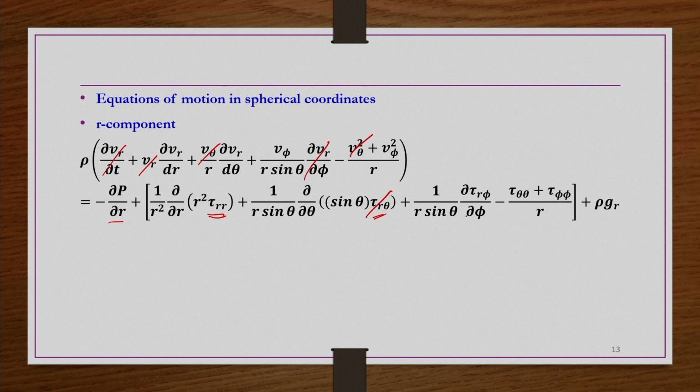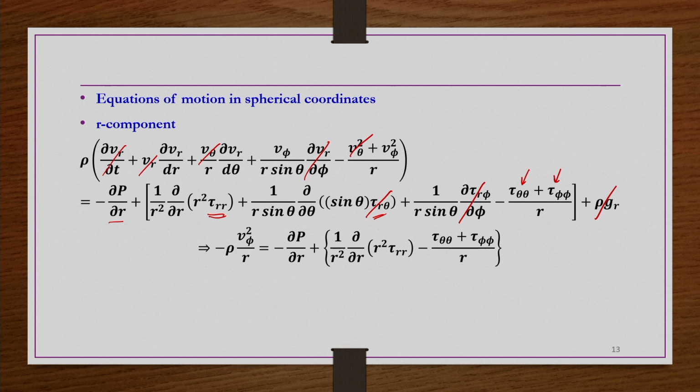Because of symmetry this term is 0. Okay. So this we cannot cancel out, and we are not taking any gravity forces. So then we have a simplified equation. Okay. So of the terms on the right hand side, only minus rho v phi square by r remains, and on the left hand side, these terms are remaining.